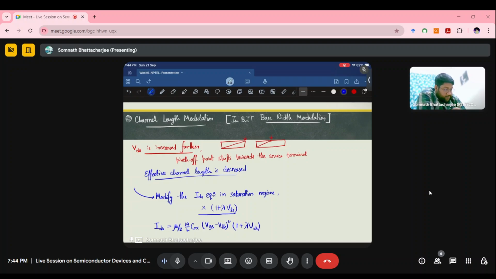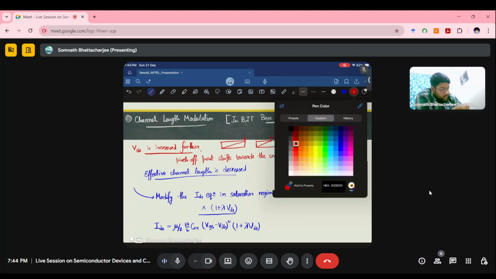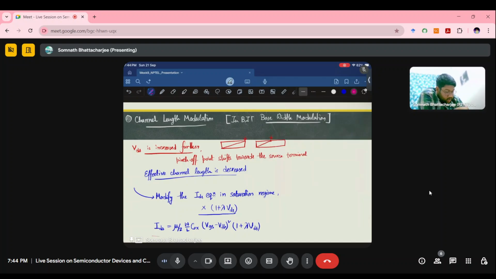In the first case, we had assumed complete independence from the VDS value, but based on channel length modulation, we have to include a factor that is dependent on the VDS.